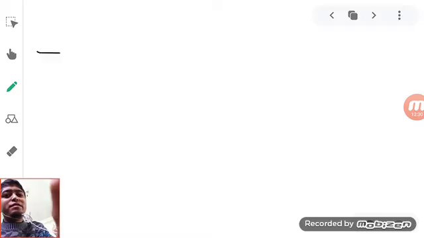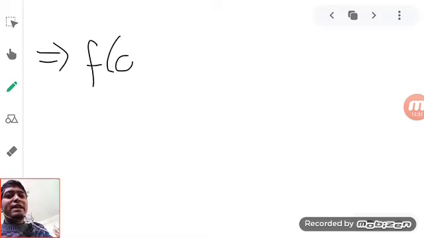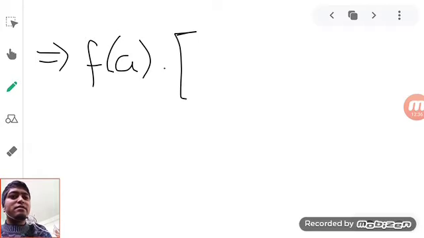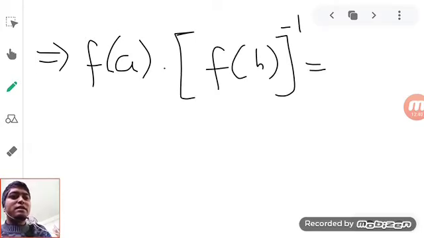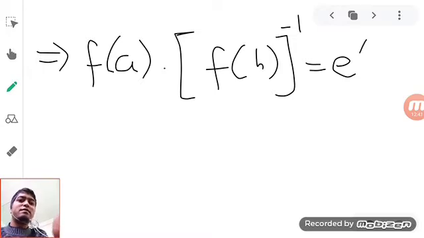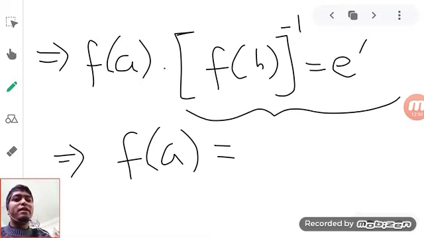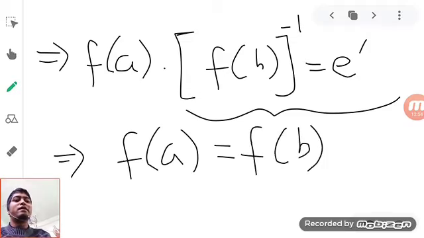Alright, so again we will use a property of a homomorphism. We can take the inverse outside, so you will have f(a) (f(b))^-1 = e dash. Now from this stage, I can just easily multiply both sides by f(b), and you will have f(a) = f(b).